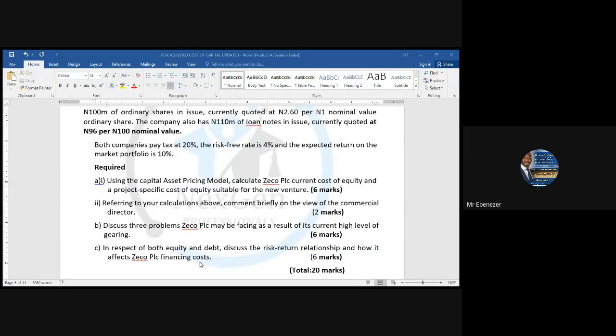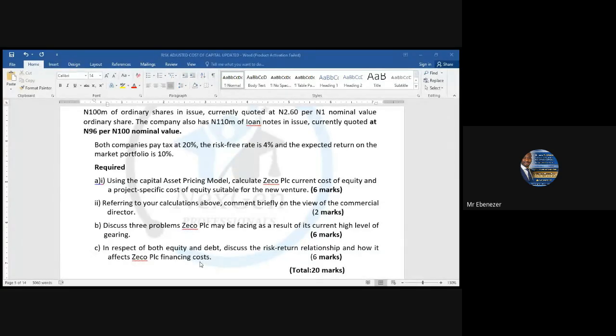And a project specific cost of equity, meaning that after you've identified the project company, you regear, right? Let's say you remove the financial risk of the project company to calculate your asset beta.